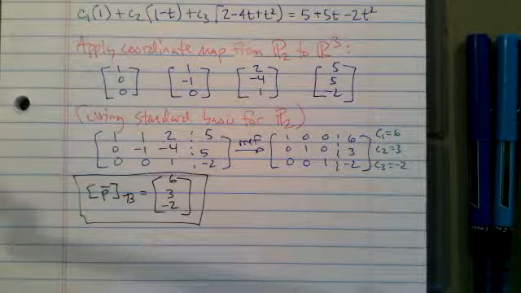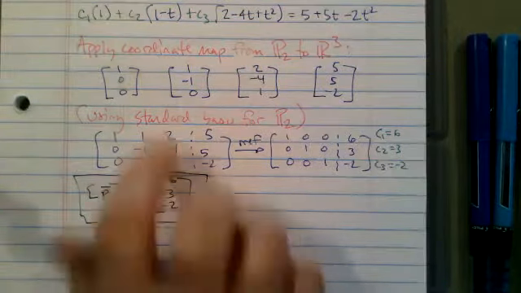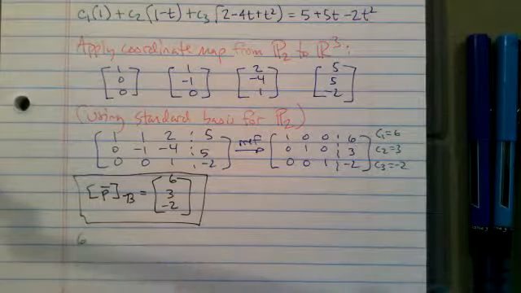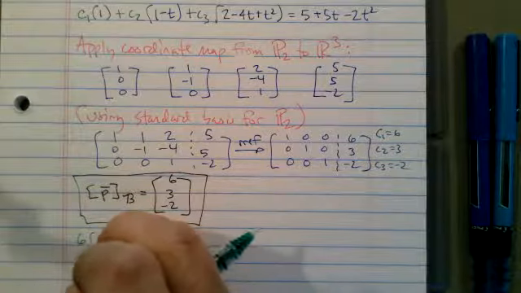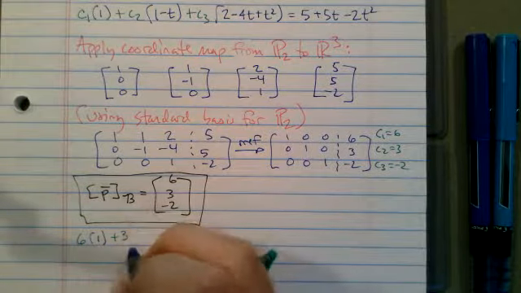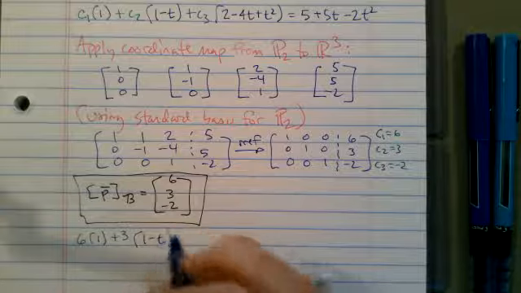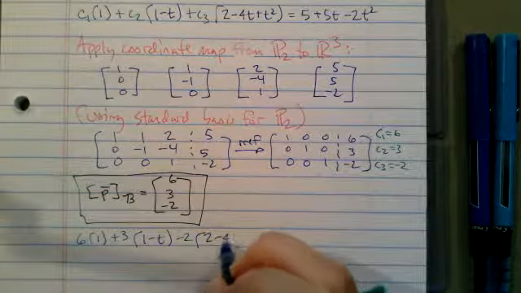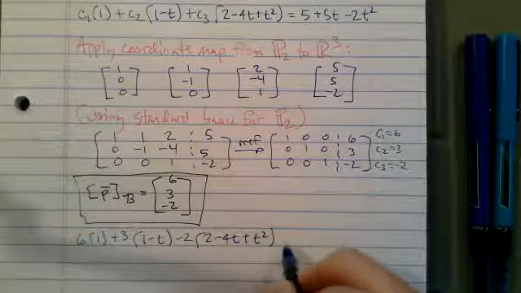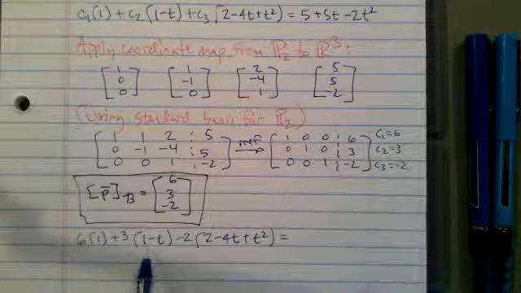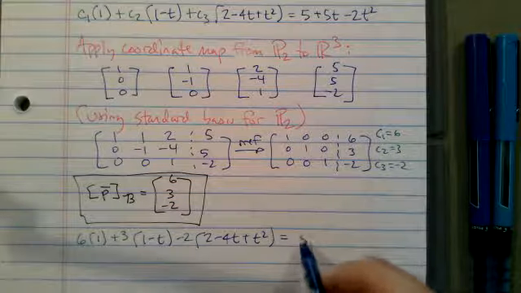So if I take this linear combination of the three polynomials, if I calculate 6 times 1 plus 3 times 1 minus t minus 2 times 2 minus 4t plus t squared, we get 6 and 3 is 9, minus 4 is 5.